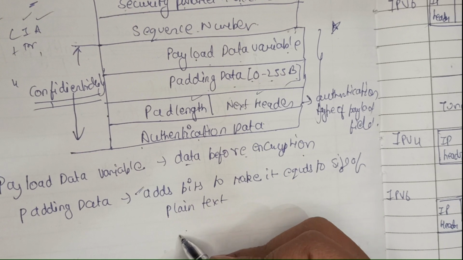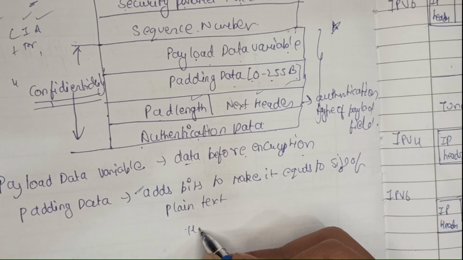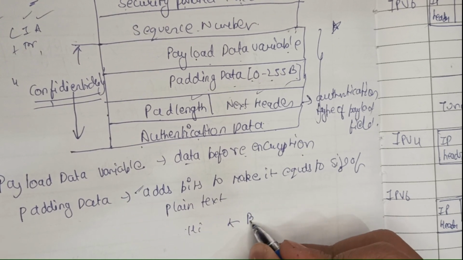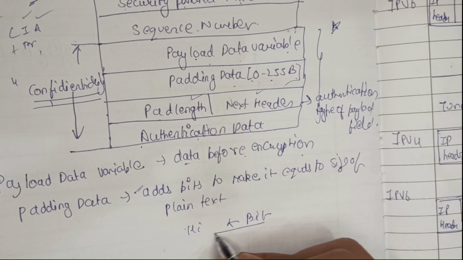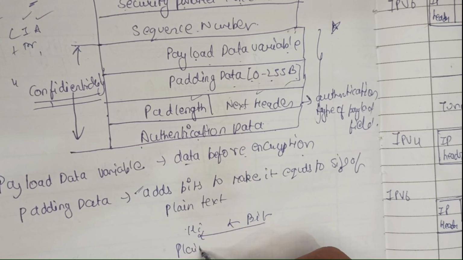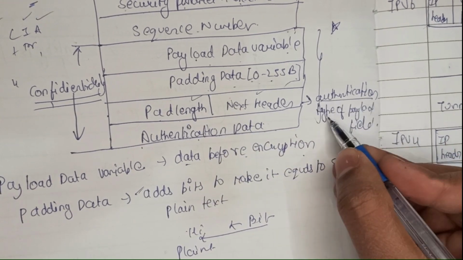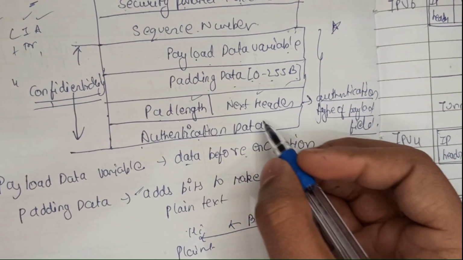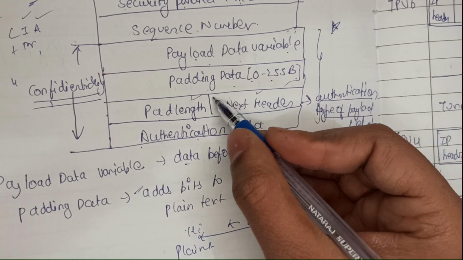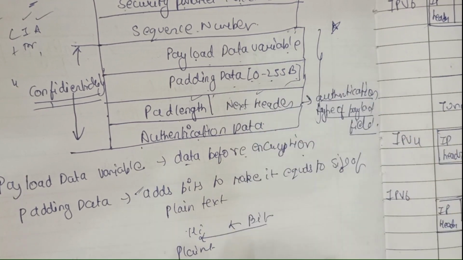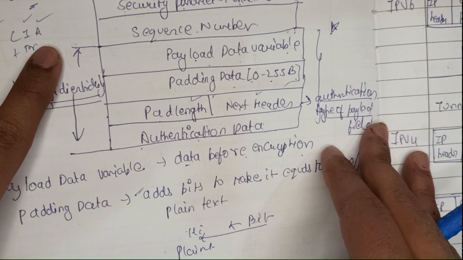Whatever plain text you are using, I said data. For example, you are sending hi, so it adds the same number of bits as the plain text. And next header is nothing but the authentication type of payload field. Whatever authentication type we are using, the next header holds that. So this is about encapsulating security payload.